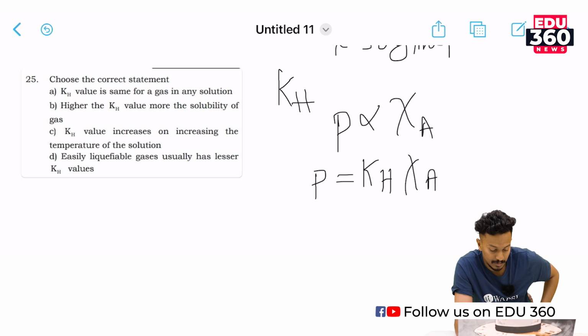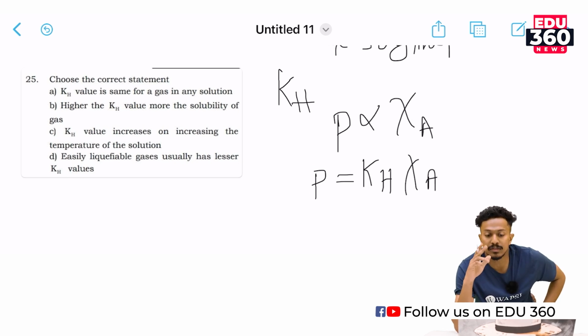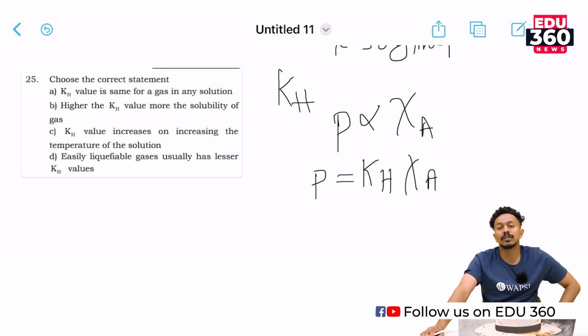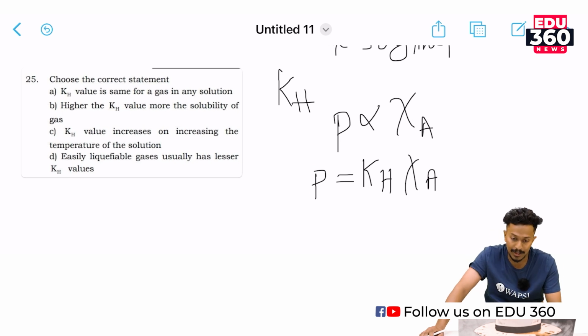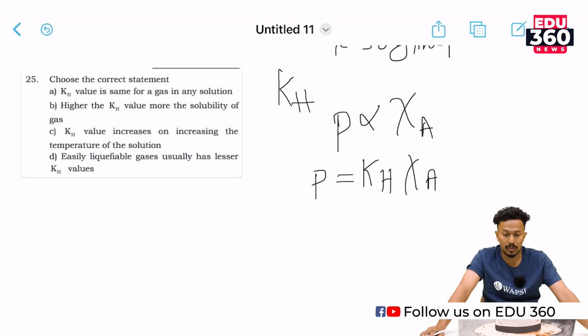KH value is same for any gas in any solution. That is wrong, KH value depends upon the solvent nature. Higher the KH value, more will be the solubility. KH value changes with the solvent nature, so that doesn't hold. Higher the KH value, lower will be the solubility. So the second option is also wrong.